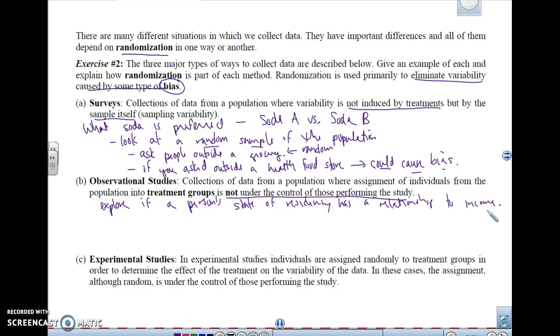Now the person would be assigned to a group based on where they lived. That's based on where they live. Again, you want to make sure it's random.